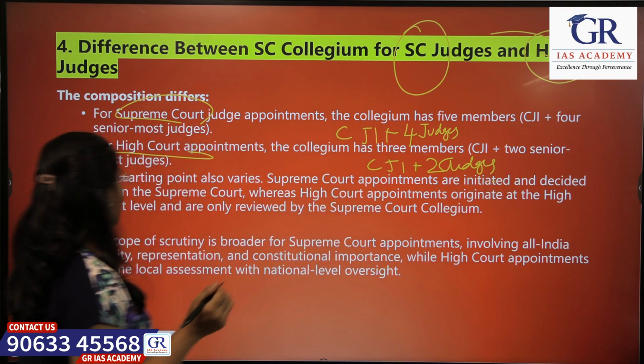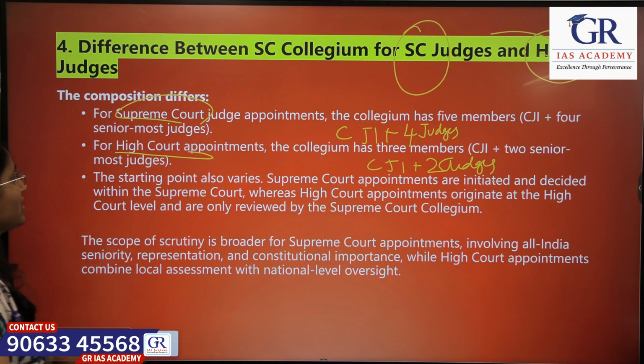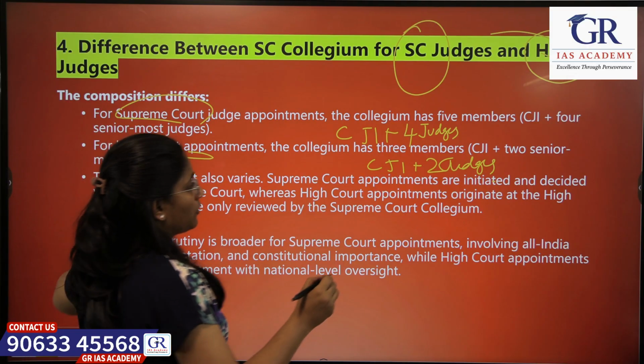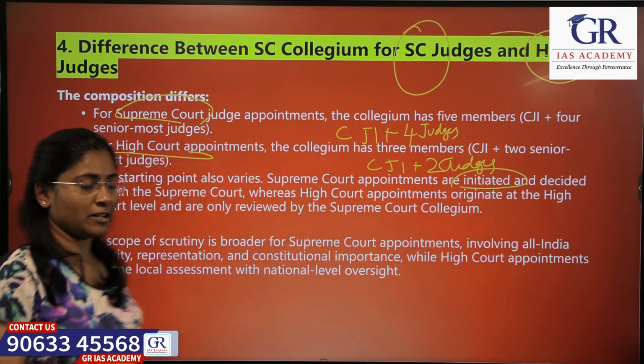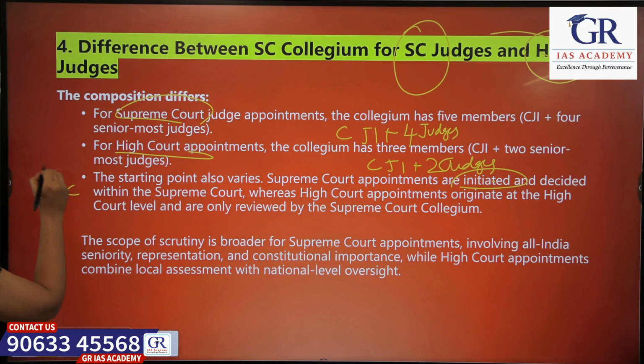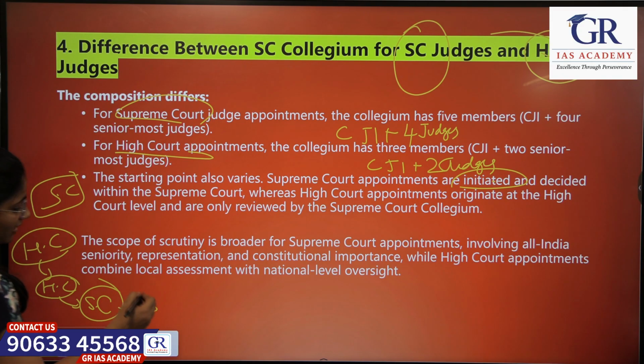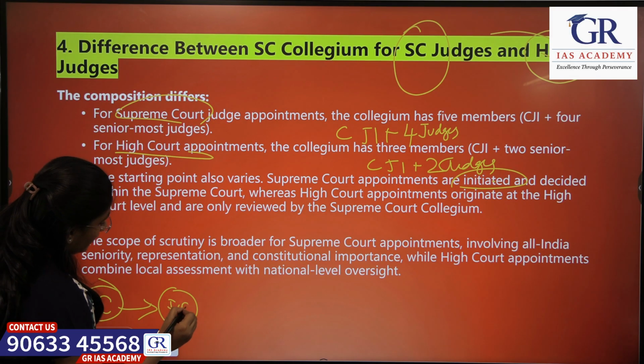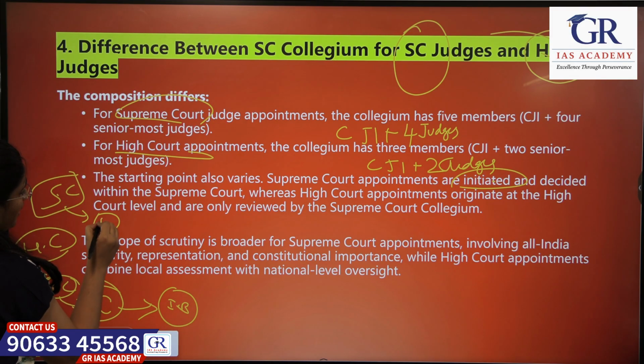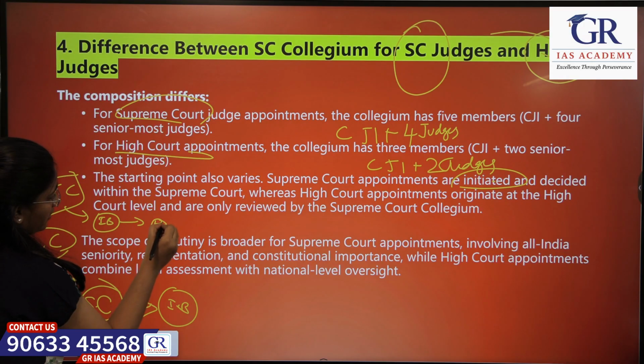The starting also varies. In the case of the Supreme Court, it is started and decided by the Supreme Court, but in the High Court, it is initiated by the High Court, verified by the Supreme Court, and then checked by the IB. Here it goes from the Supreme Court to the IB and then the President.